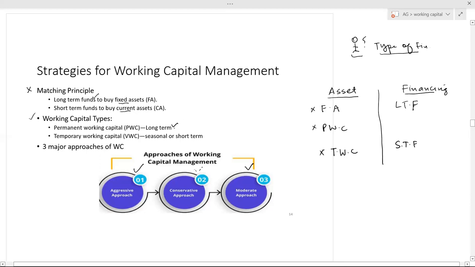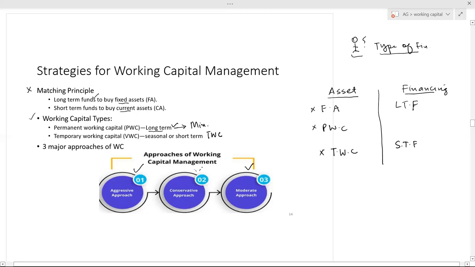So these are the current assets, but you have to maintain them. So this is the minimum level that you need to maintain every year. And seasonal or short-term are the temporary. So this is temporary working capital, and so this is a long-term working capital.